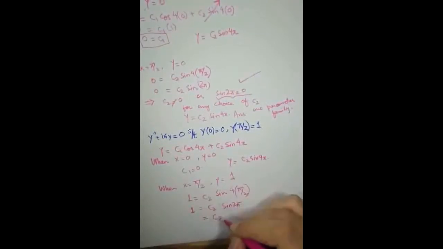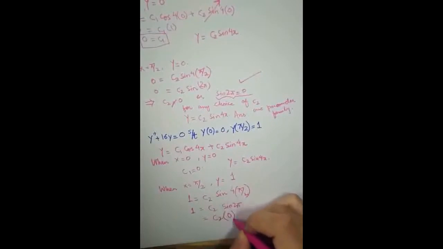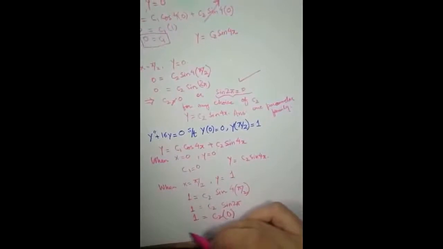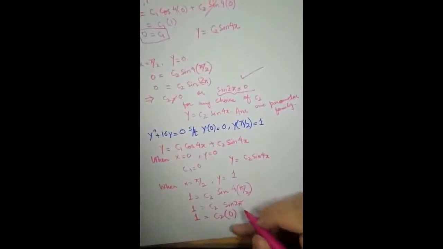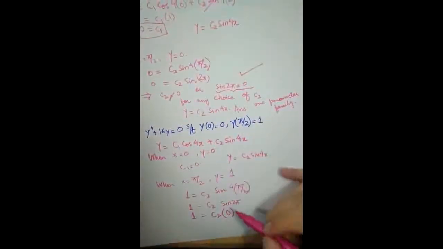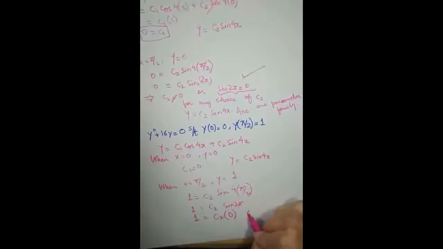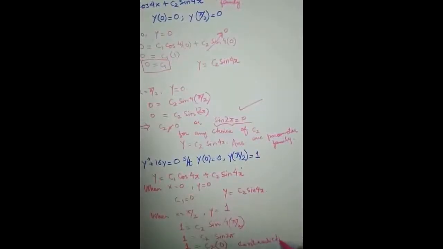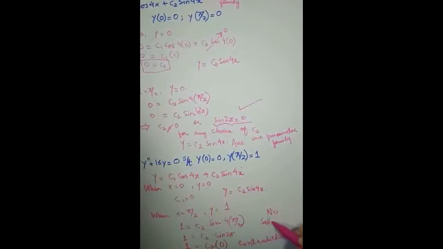We know that sine of 2 pi is always 0, so 0 equals 1. So on the left hand side it is 1, on the right hand side it is 0. So both sides are not equal, so that leads to a contradiction. So that means it has no solution at all.